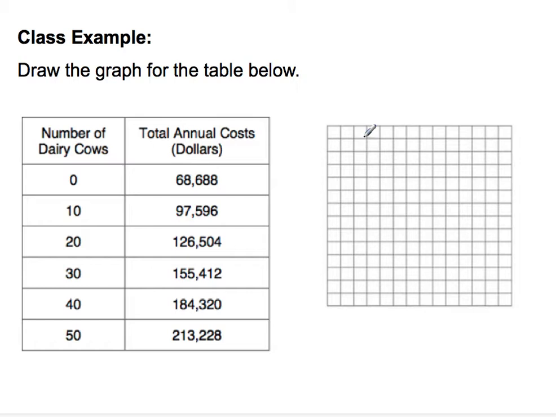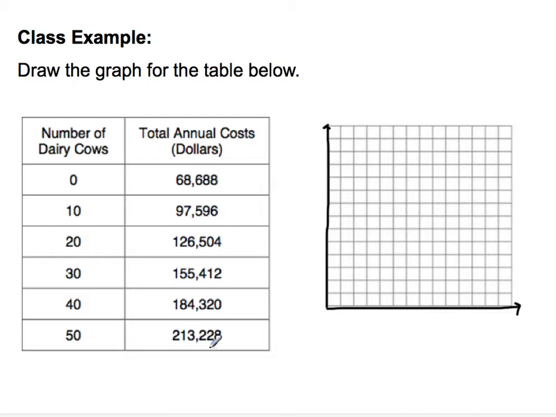Do negative numbers make sense in this example? We're talking about the number of dairy cows and the annual cost. Since you could never have a negative number of dairy cows, I know I don't have to include the negative side. And same thing with dollars. Unless we're owing, but it looks like this is increasing in value. So we would never have to include the negative sign there. Okay.